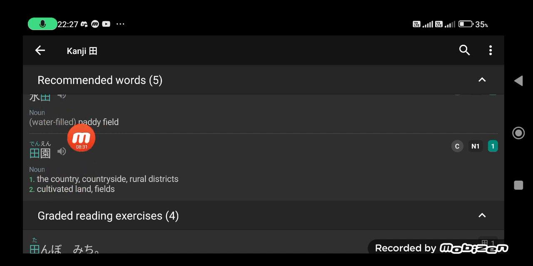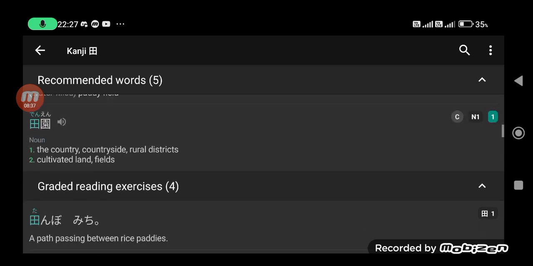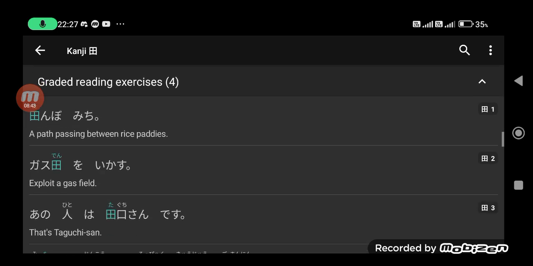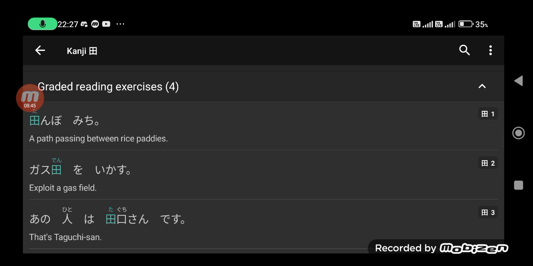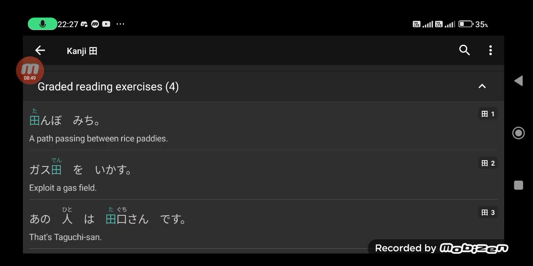Okay, so it's garden, en or sono, zono. Let's tackle some sentences here, perhaps 3 sentences only. Tanbo michi, a path passing between rice paddies.